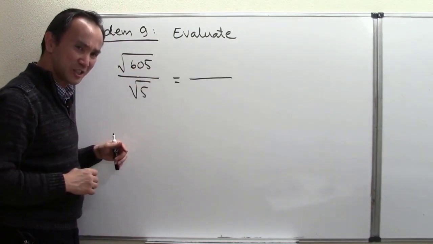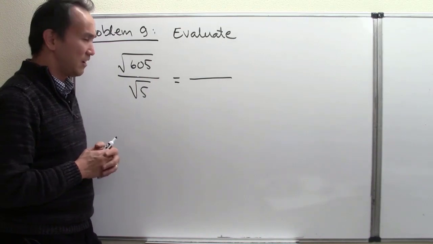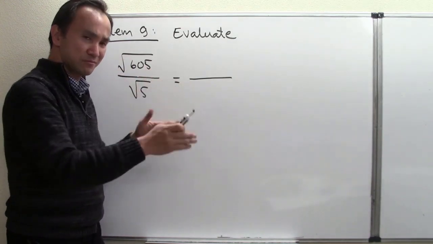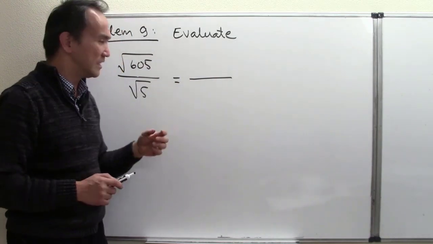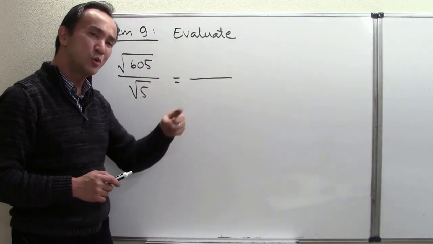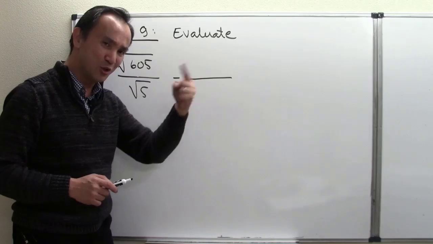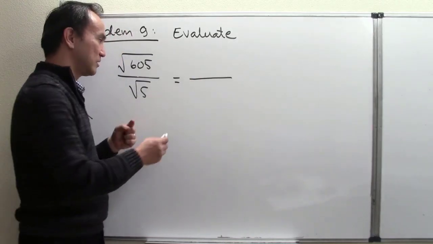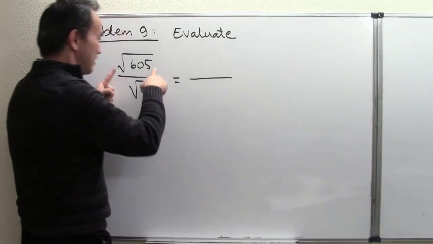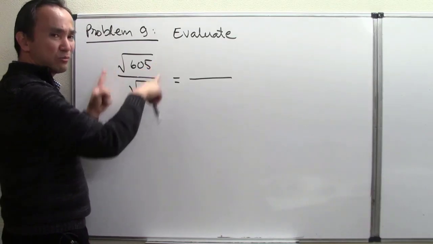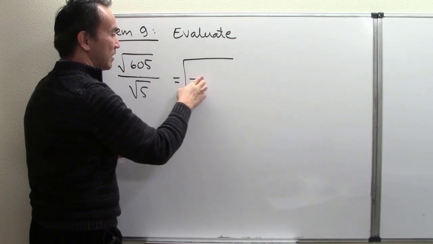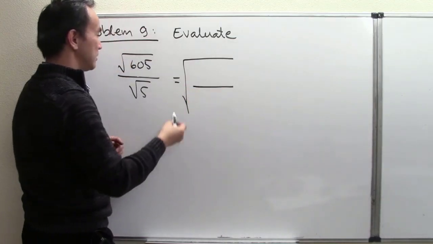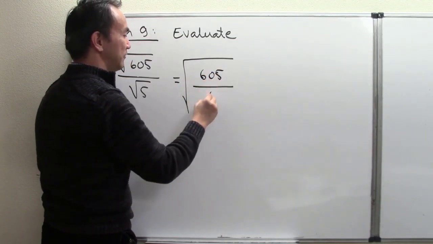And so as it turns out, from this problem that I'm demonstrating, I'm starting to reveal that the quotient property can be used backward. We can also use the quotient property backward. So that's also true. From being the quotient of two square roots, we can combine that into one square root of the quotient between 605 and 5.